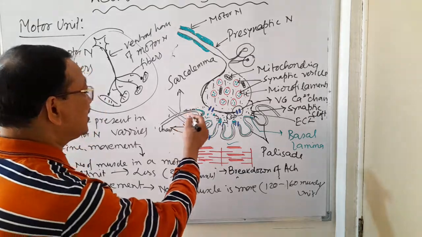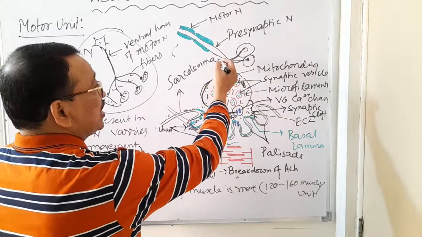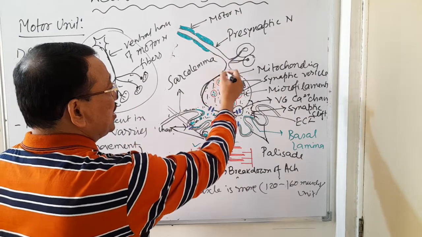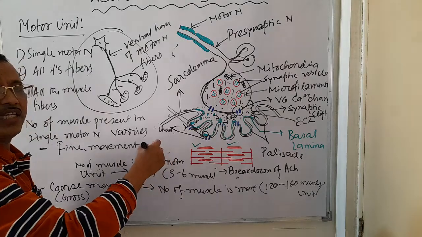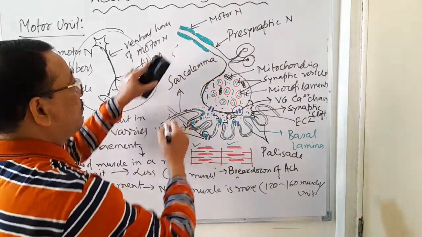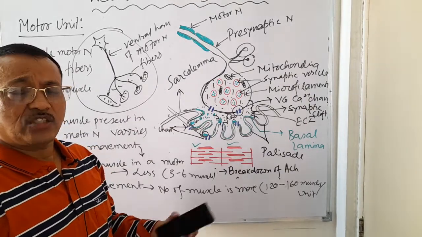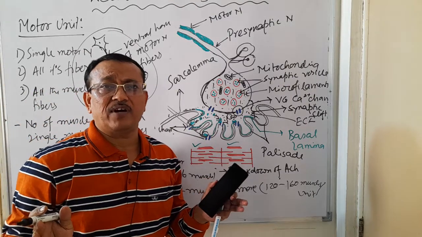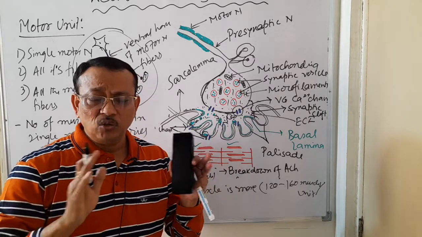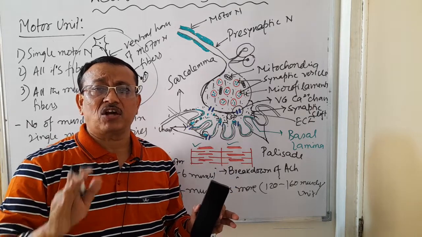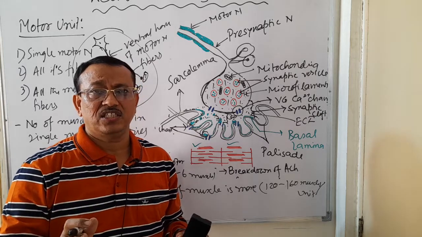Now another thing is important in this part. As I told, this nerve fiber which gives a supply to the muscle membrane, these are the myelinated nerve fibers. And as you know, the myelinated nerve fibers are very fast, in which the conduction velocity of the signal goes very fast.